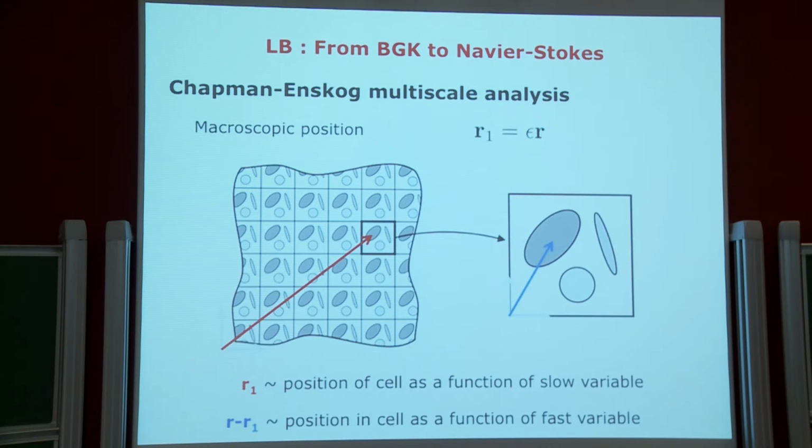It's a very general idea of multiscale analysis. You know something about the dynamics or the properties on a small scale, and then you want to predict the behavior on a macroscopic scale. Here it's rather simple because it's simply a periodic system.